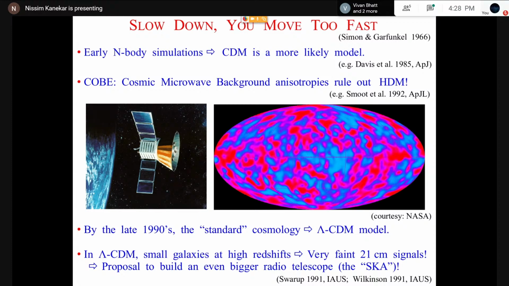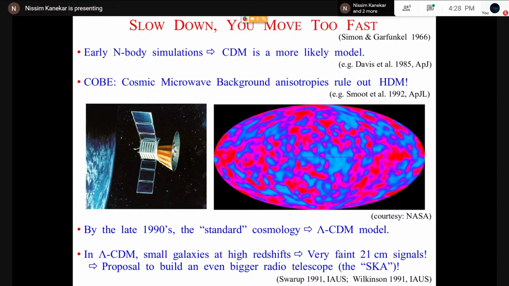But the thing that really killed hot dark matter was the Cosmic Background Explorer, COBE, which basically produced results in 1992, observing the cosmic microwave background and the anisotropies in the microwave background, which come from a redshift at which matter and radiation decouple from each other, a redshift of about 1100.